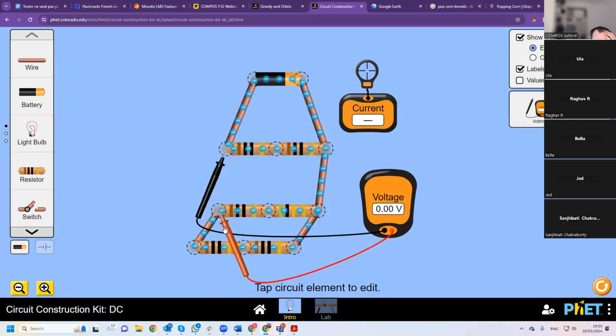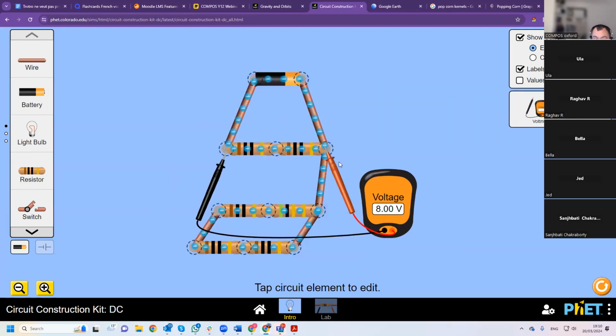That doesn't make sense. Okay, that's a mistake. The voltage here is 8. So the simulation is not correct in this particular reasoning.